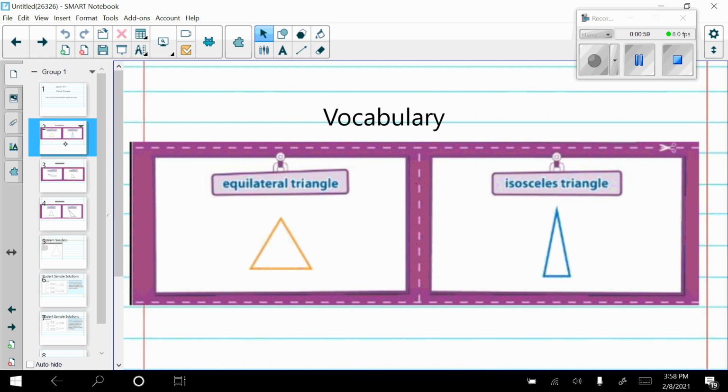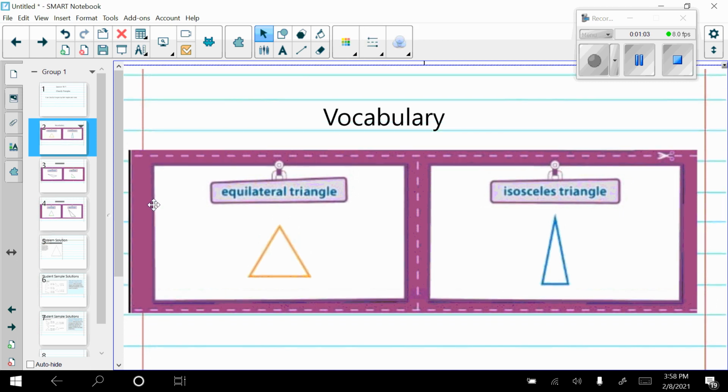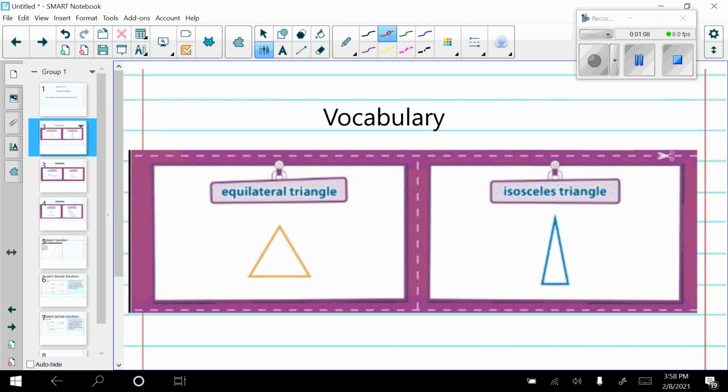So for the first one, equilateral triangle, that means all sides and angles are congruent. Congruent means equal. So you're going to write all sides and angles are congruent. You're also going to show a line through each side, which means they're all congruent.